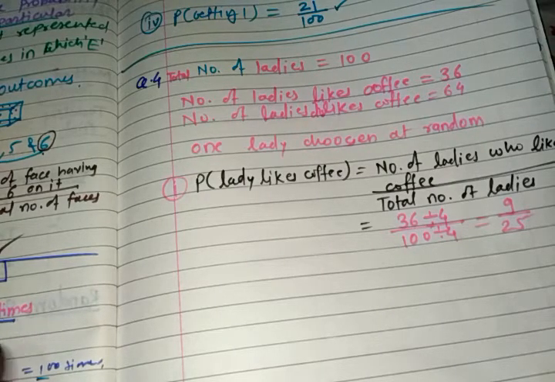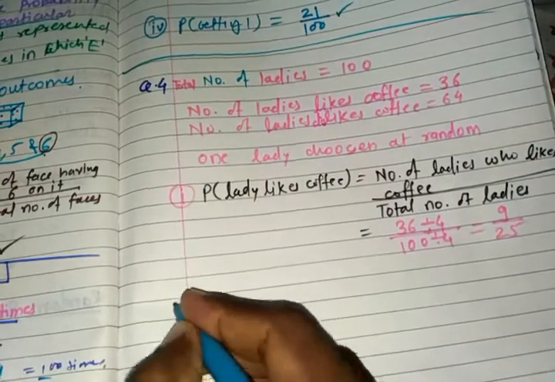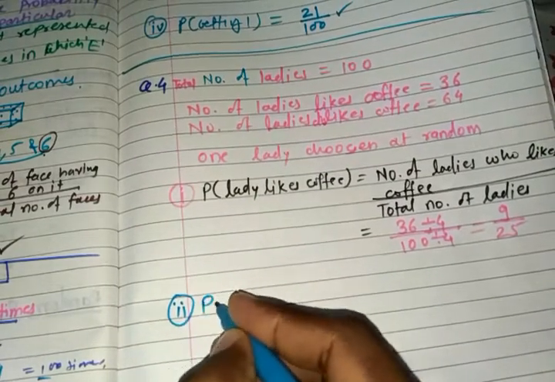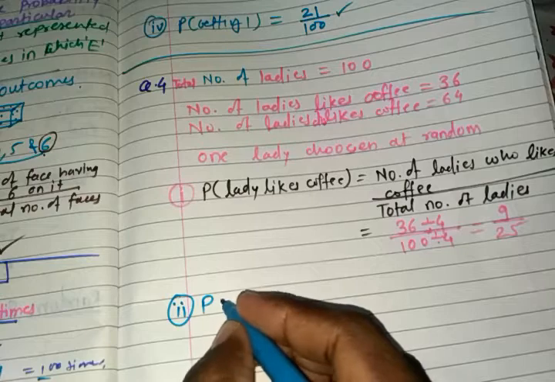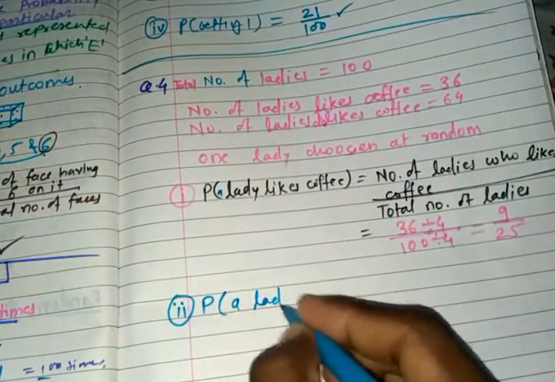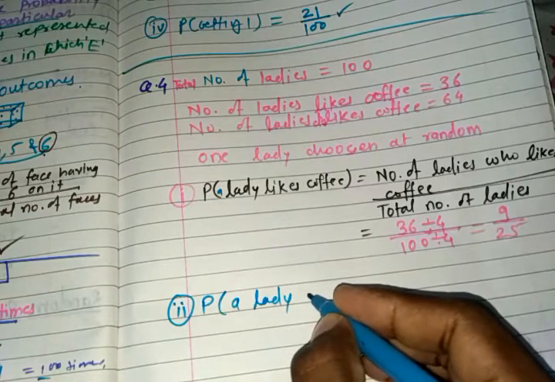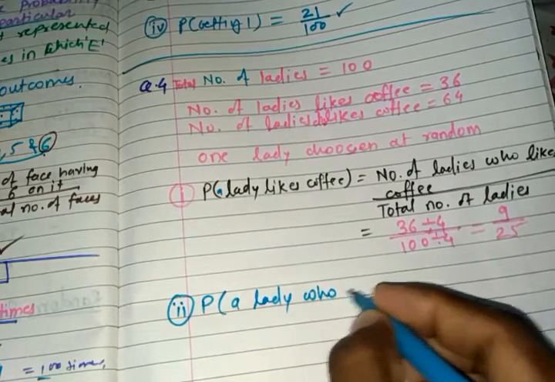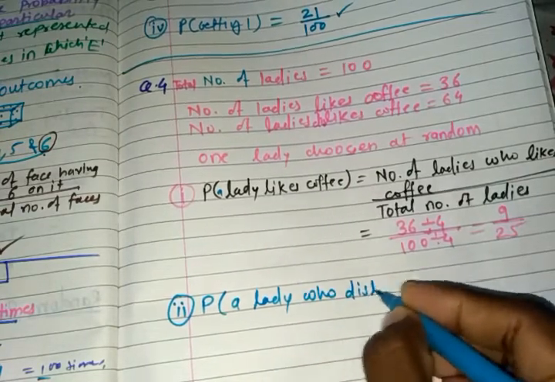Now after that, in the second part they are asking you to find the probability of a lady who dislikes coffee, right?